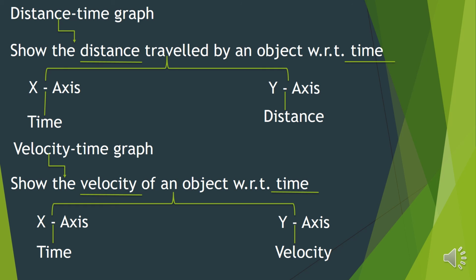Just understand, out of the two quantities, whichever will be the independent quantity, उसको आप x-axis में दिखाओगे and the other one goes to the y-axis. Alright? Keep this rule in mind and always follow it. It will be easy for you to plot graph.